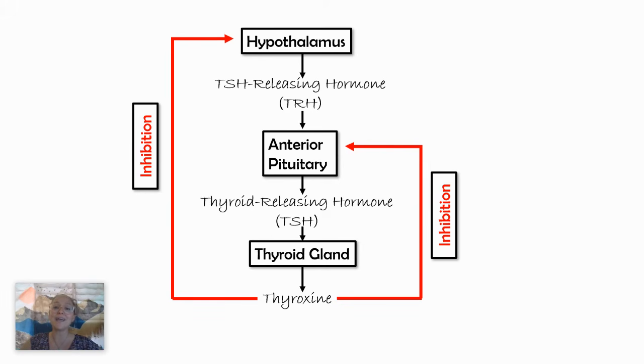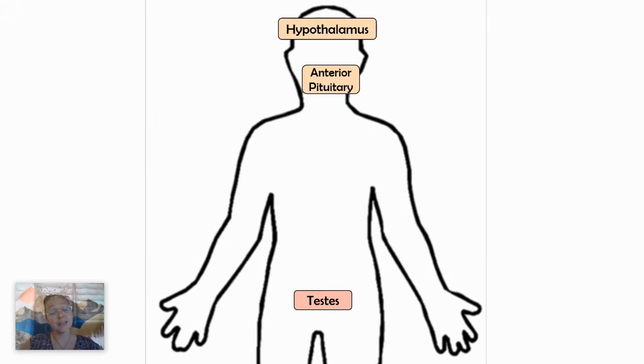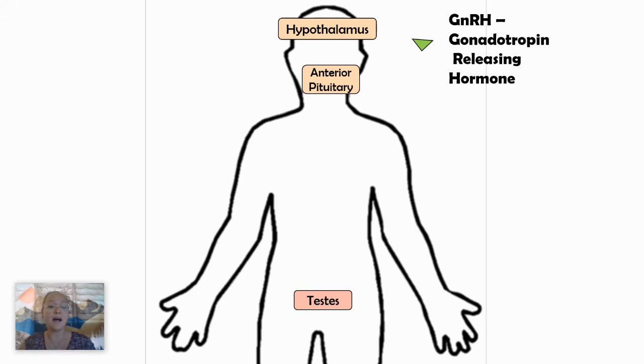Okay, so let's go ahead and look at an example of some steroid hormones. Here we have the feedback loop involved in testosterone production. Again, it's using the hypothalamus, the anterior pituitary, and the testes to keep testosterone levels balanced.